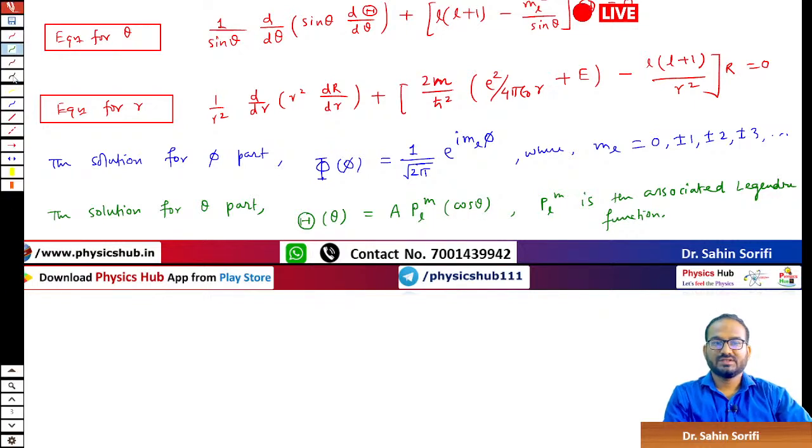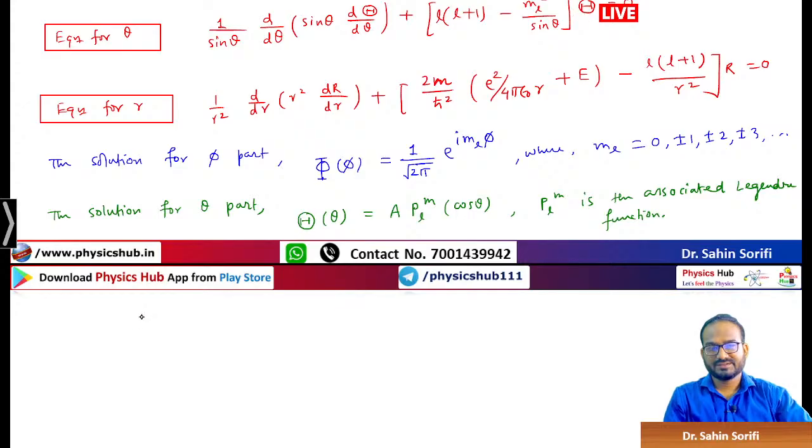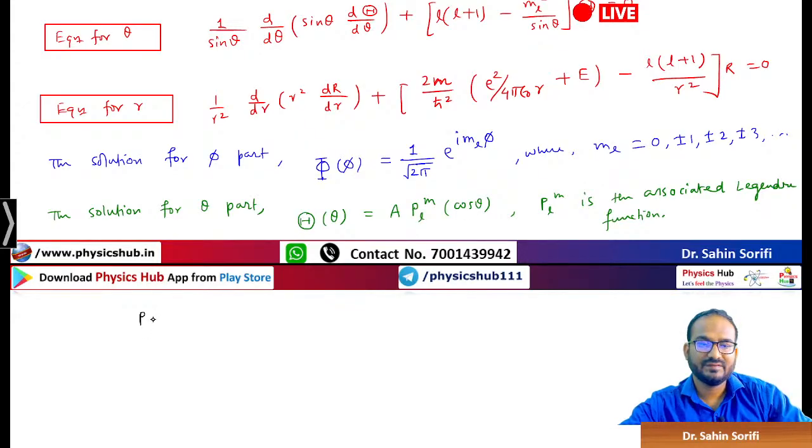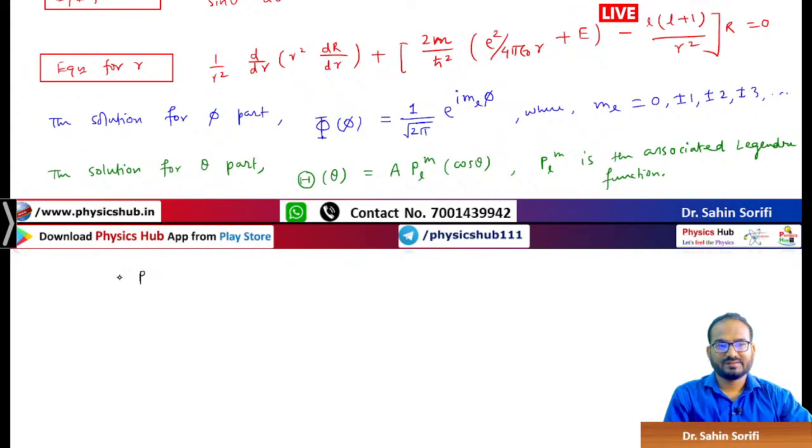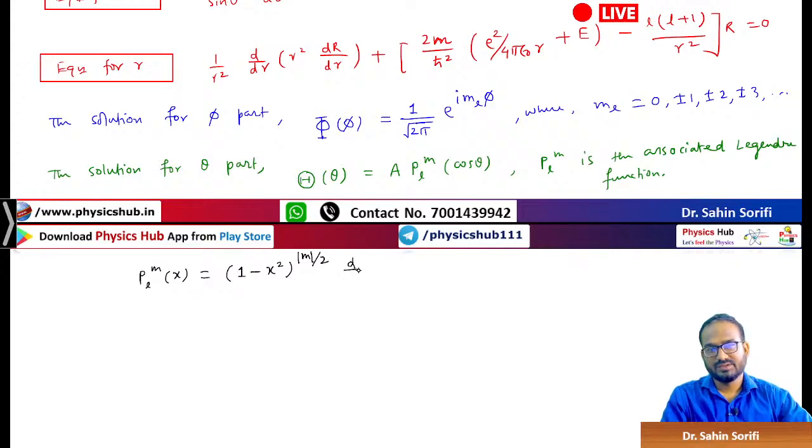The original thing is written as PLM of x, where x is a variable, here cos theta. It is 1 minus x squared to the power modulus of m by 2, d dx to the power modulus of m, of PL of x.